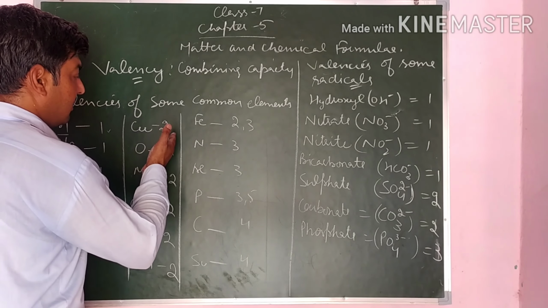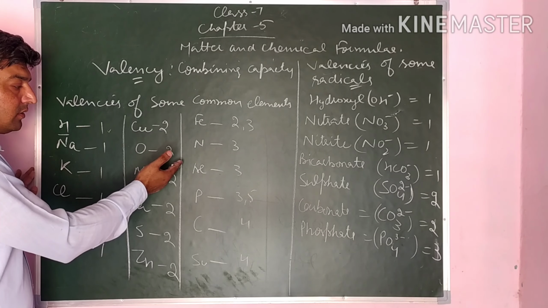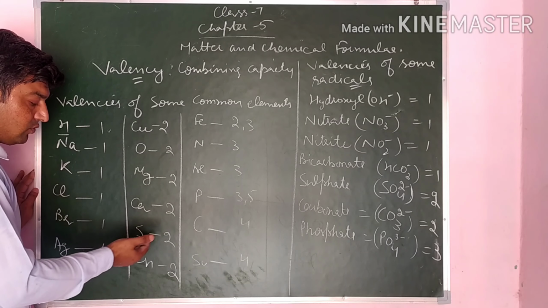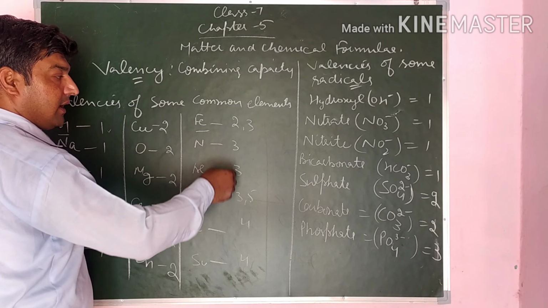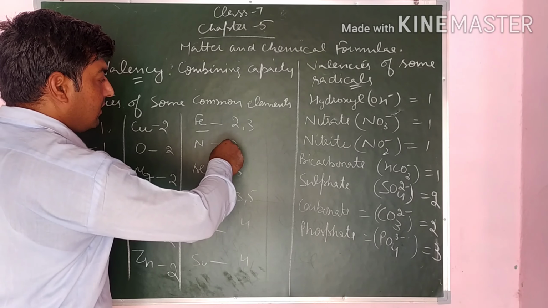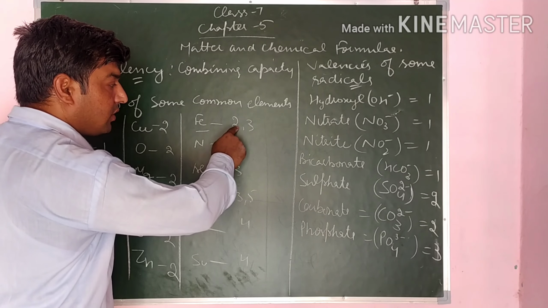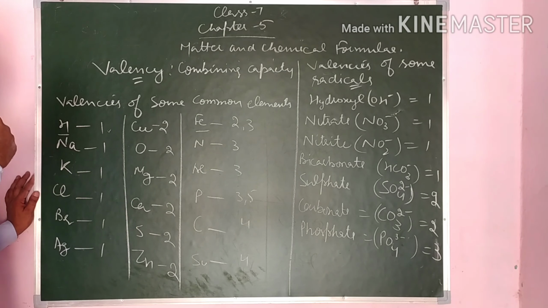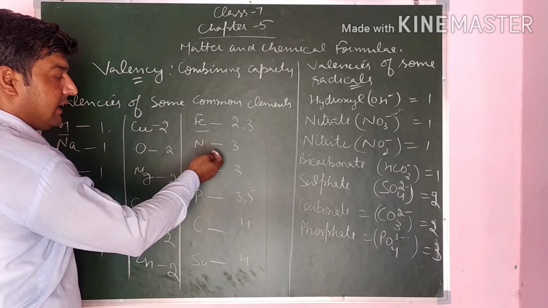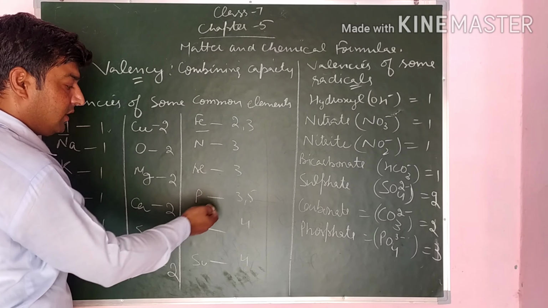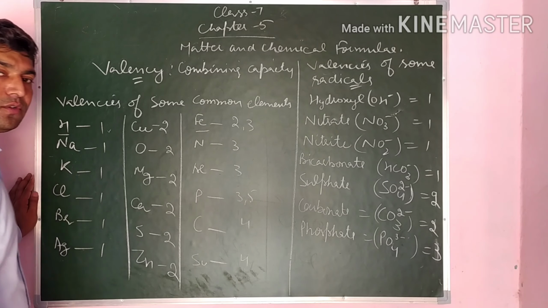Similarly, copper's combining capacity is 2, oxygen 2, magnesium 2, calcium 2, sulfur 2, zinc 2. Next, iron, its valency may be 2 or 3. It depends upon the atom that is attached to the iron. Next, nitrogen, aluminium, phosphorus, its valency is 3 or 5.